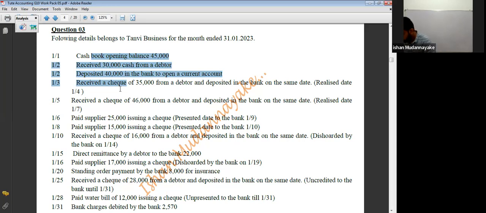For the third transaction, in front of it, please write down: deposited 40,000 in the bank to open a current account in Sampath Bank.